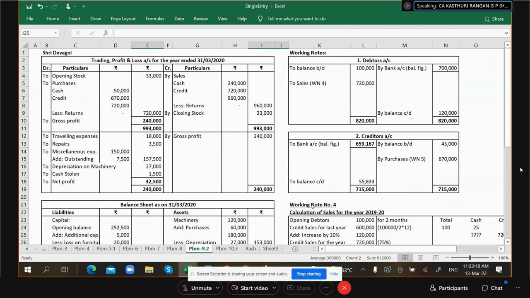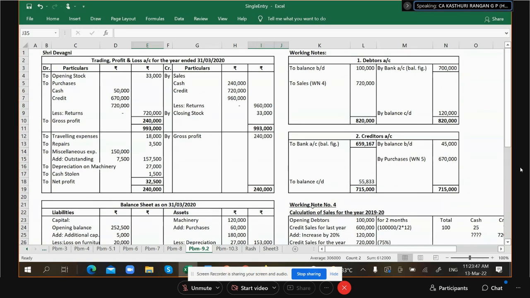If the problem doesn't say anything, loss on furniture will also be taken to P&L. Ultimately, what will happen? When you take the loss on furniture to P&L, profit will reduce. Only the remaining profit will be taken to capital. So if nothing is given in the problem about loss on furniture, like cash loss, loss on furniture should also be taken to the debit of P&L.